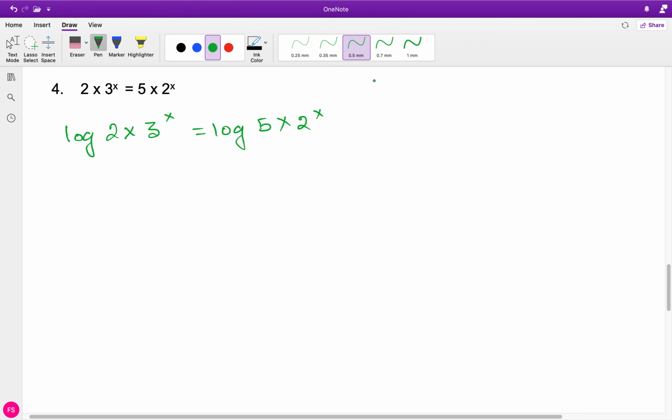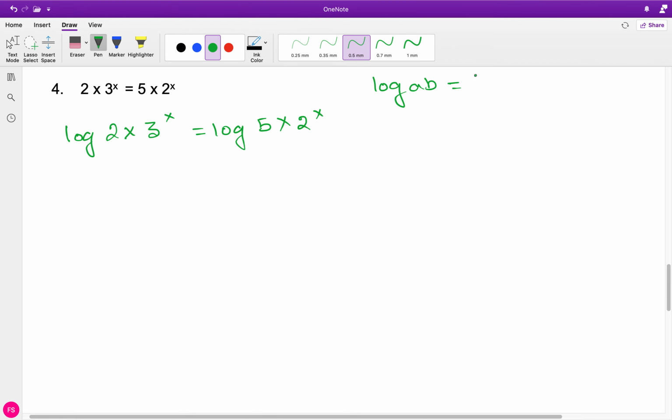Now we know, according to the rule of log, if you have log of a times b, this just equals log of a plus log of b. So I can break this down and write log of 2 plus log of 3 to the power of x equals log of 5 plus log of 2 to the power of x.